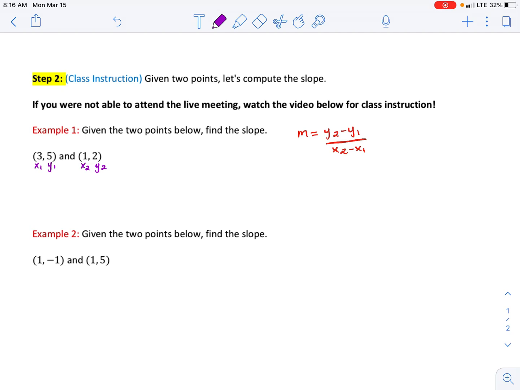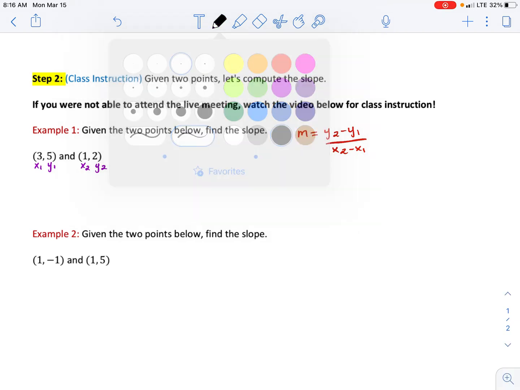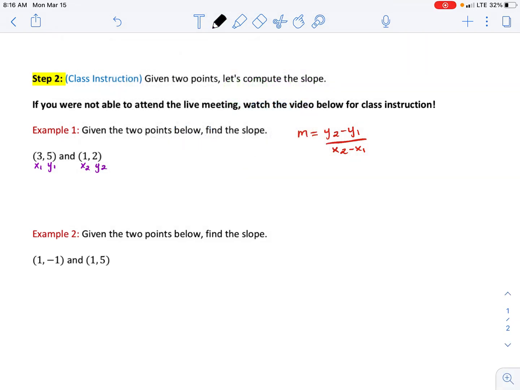Okay, so now what I want to do is plug in my x1, y1, x2, y2 into the formula so that I can find the slope. So my slope, or my m, slope is always denoted as m, is equal to y2, which is 2, minus y1, which is 5, over x2, which is 1, minus x1, which is 3.